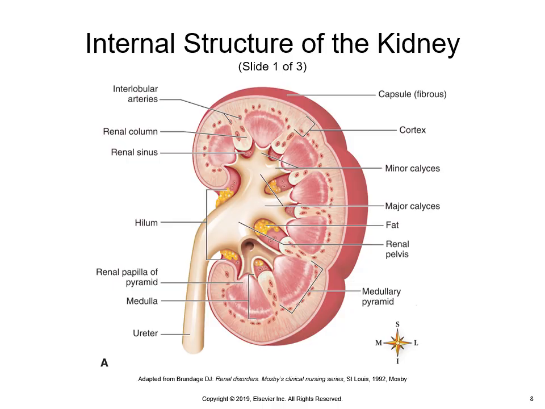And you can see these triangular shaped sections here. All right, the triangular shaped sections are called the renal pyramids, or medullary pyramids. And of course, they help concentrate the urine and send it toward the center of the kidney.